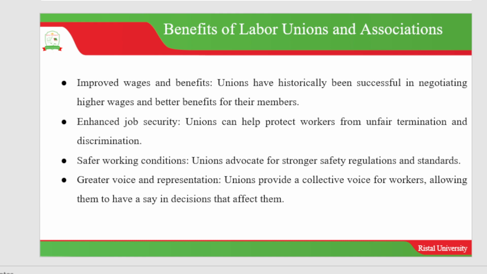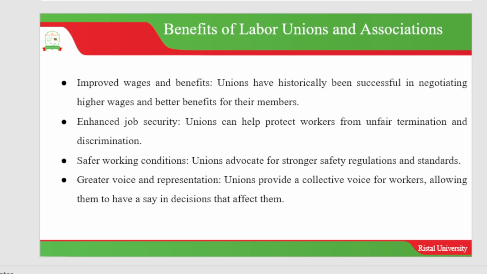The next one is safe working conditions. After advocating for your rights, remember in the previous slide we talked about representation in the courts of law, things like that. After representing you, after advocating for the safety of the workers in an organization, maybe through the government agencies, what happens is the government is going to set the policies or improve on the policies, which will actually favor the working conditions for the employees.